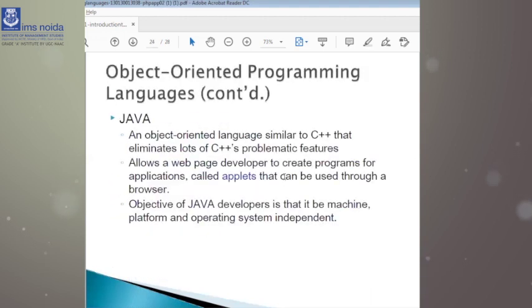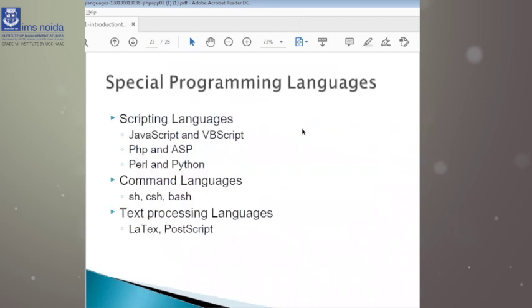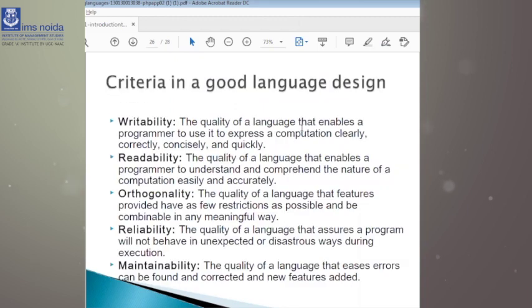This is all about the programming languages. I hope you learned and understood the concept of traditional programming, object-oriented programming, and scripting programming languages. Now, the criteria: what are the criteria of a good language?